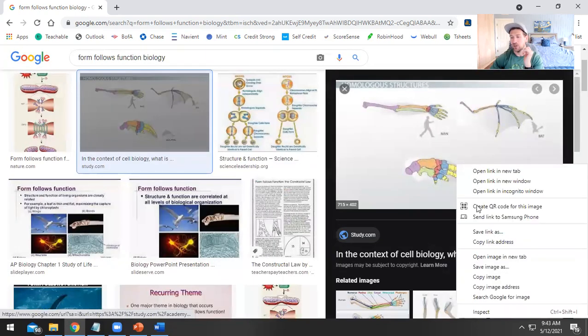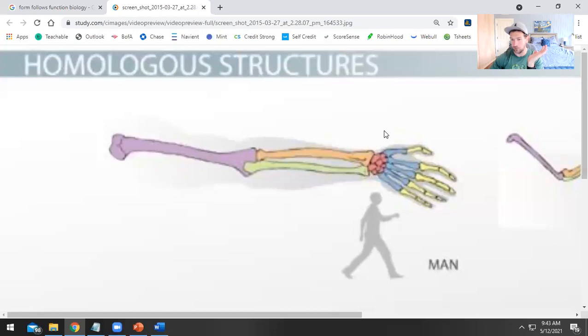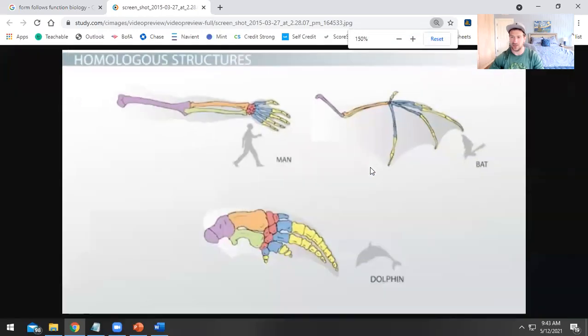Let's take a look here. We've got three very different forms of skeletal systems here, right? You can see you've got a human arm, a bat's arm, and a dolphin's arm. Now, here's the thing. All of these creatures are mammals. And they actually all follow a very similar structure because they are mammals.